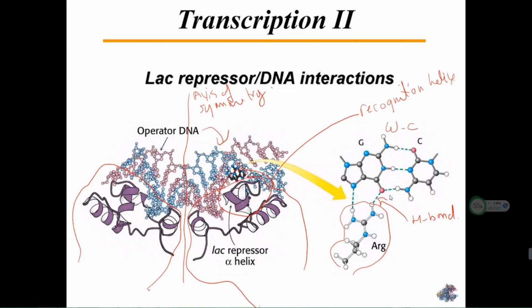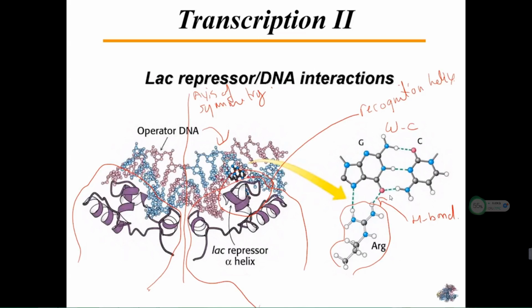So once the correct hydrogen bonds are made between these functional groups on the amino acid side chains with the corresponding Watson-Crick base pairs that are contained within the operator region, then you have repressor binding.